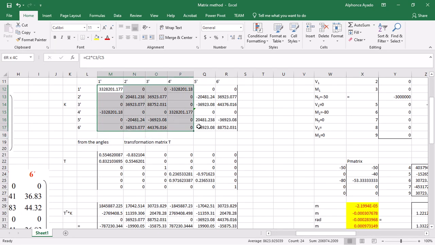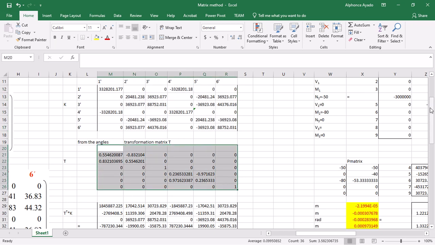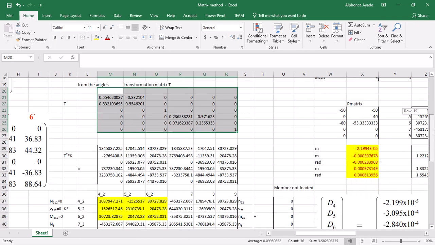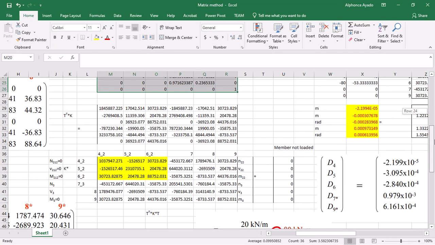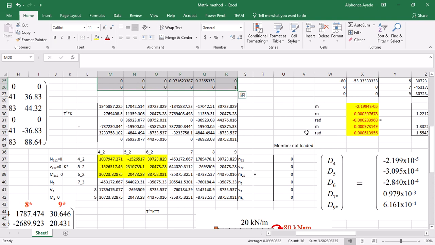Once you solve the member matrix, this is the one that is slanted. You already have the stiffness matrix when it is not oriented, and then the transformation matrix. To solve this is already calculated. So maybe I delete it so that you can see.